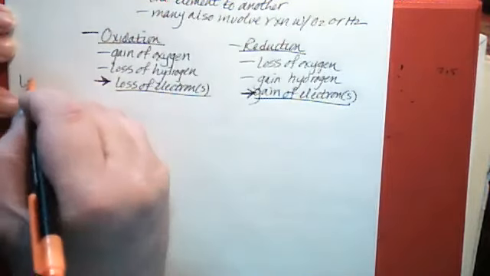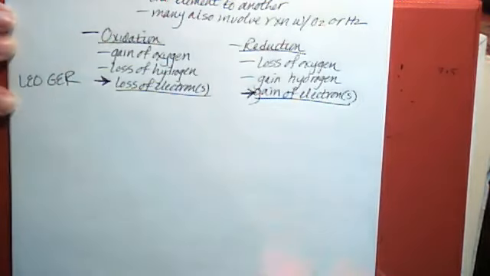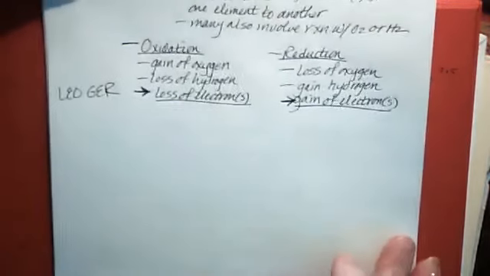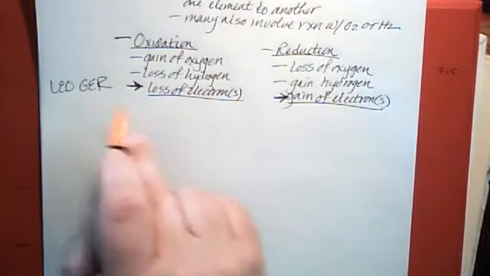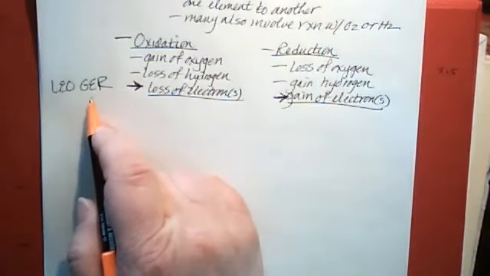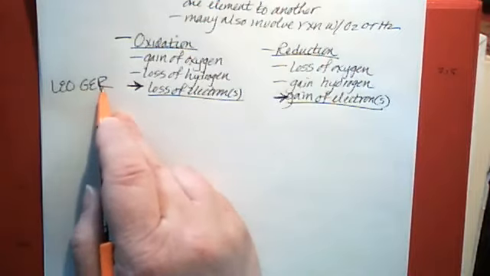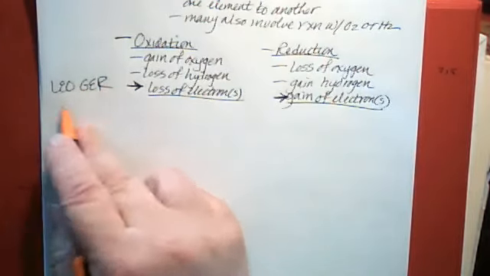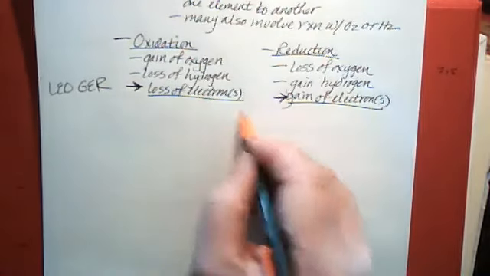And in fact, there's a handy way to remember it based on the electron definition, and that is Leo says grrr. That is Leo the lion says grrr. Loss of electrons is oxidation. Gain of electrons is reduction. And so if you remember that, that'll make it easy to remember which is which.